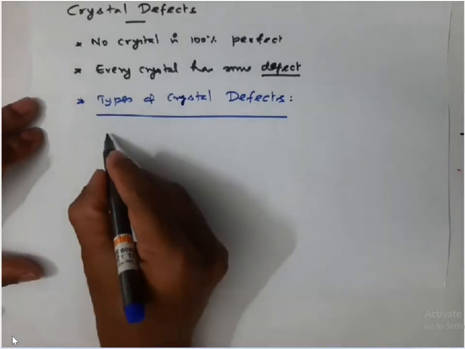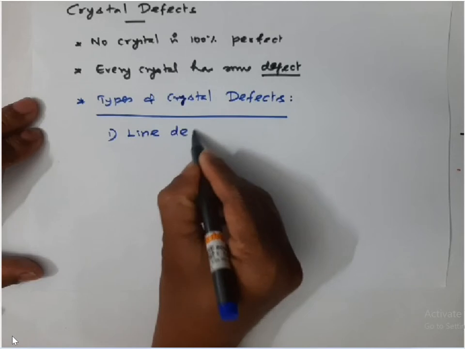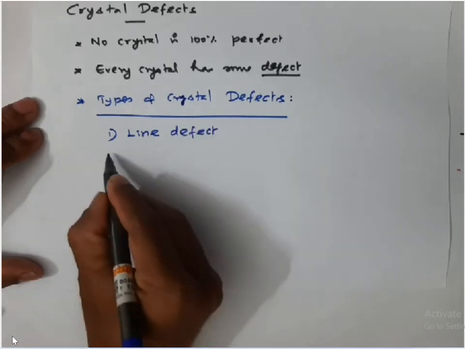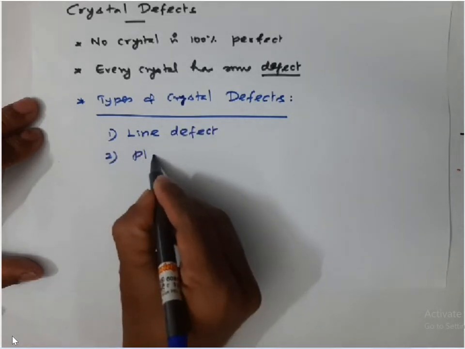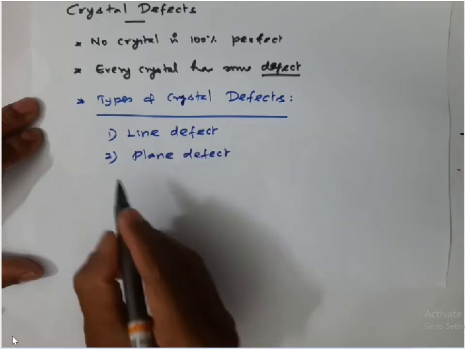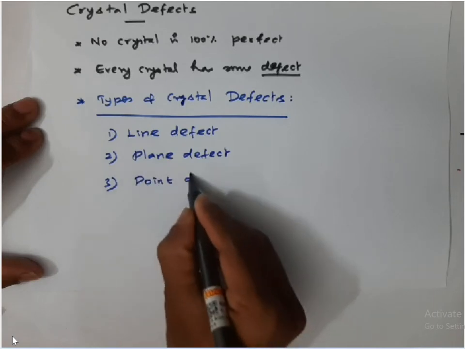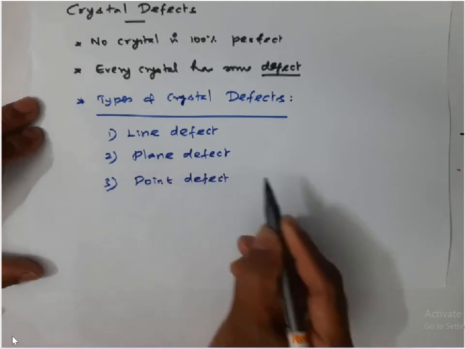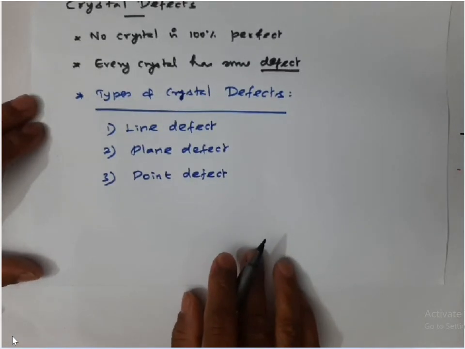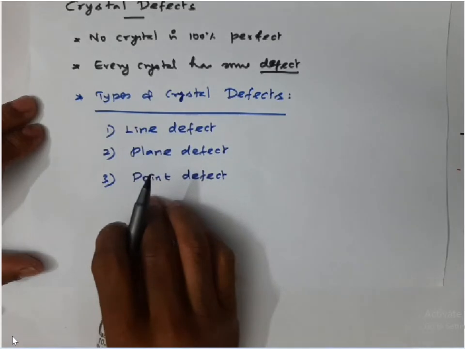In crystals, we have line defect, we have plane defect, we also have what is called point defect. In crystals, we have three different types of defect.